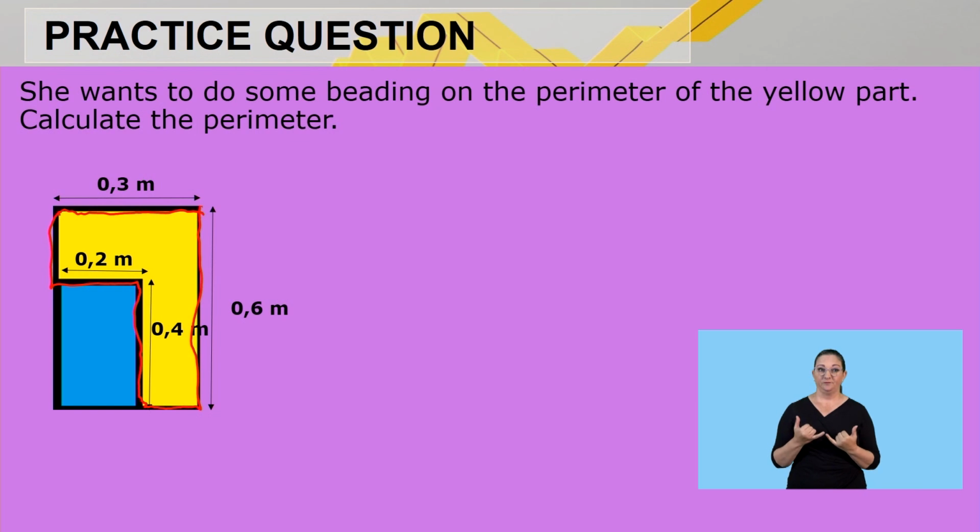So, starting at one point, going around, my perimeter is going to be 0,3 plus 0,6, and now we are here, and there's nothing given.